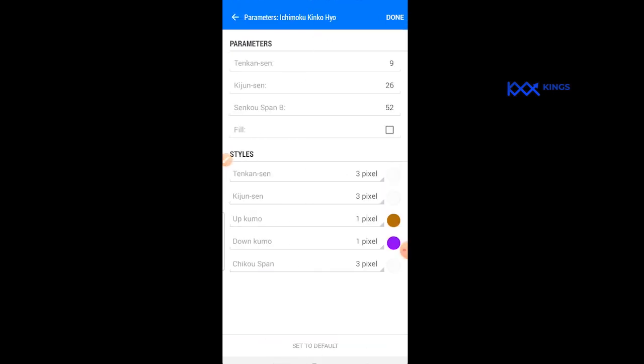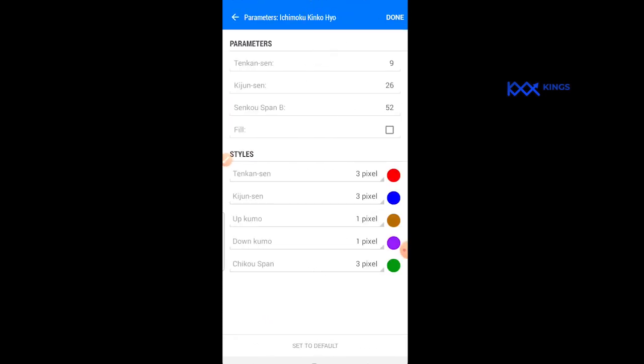Maybe if you have been using Ichimoku and you have reset your indicators several times and you don't know how to bring it back to default, all you need to do is click on this icon here, set to default, the one down. Just click on it and it will reset. You can see it's now by default.